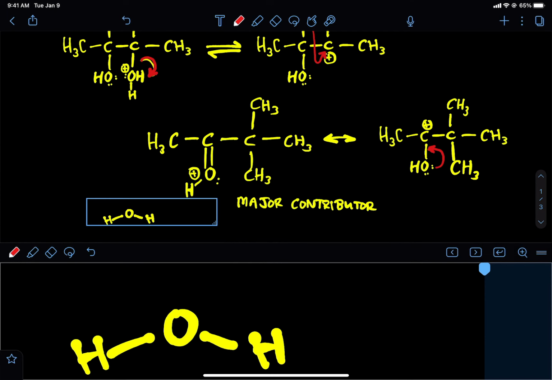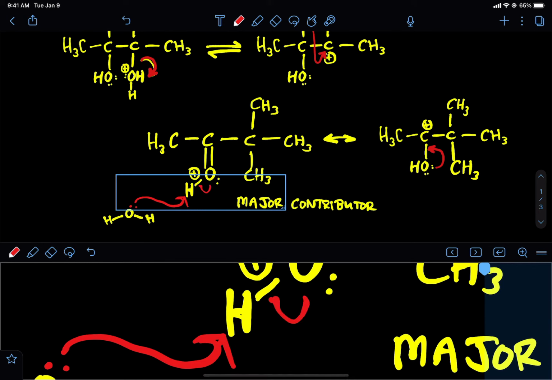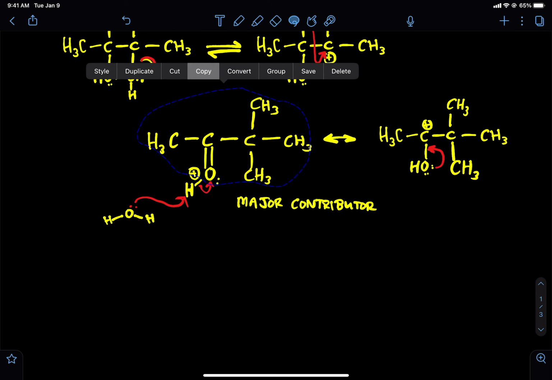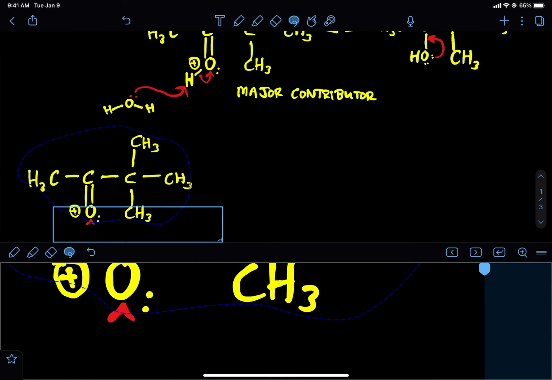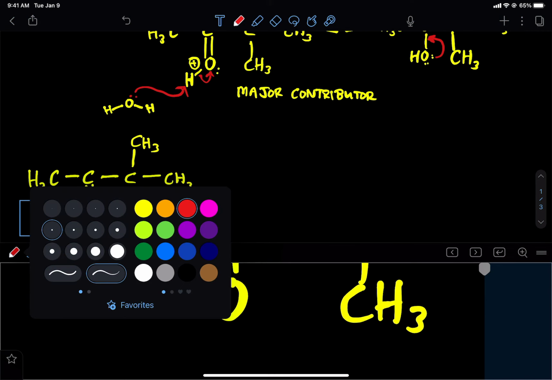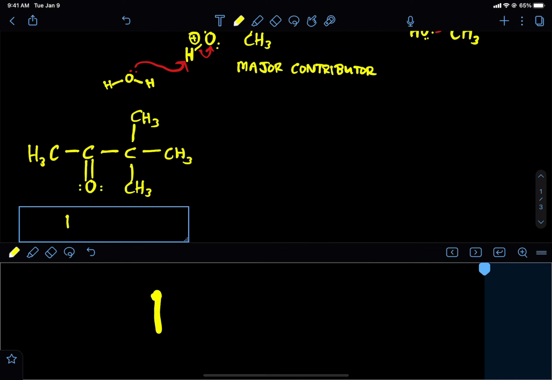We'll take water. It's going to use one of its lone pairs to remove that H, return the electrons to O, so it removes it as an H+, returns the electrons to the O. And ultimately, our product is what's called pinacolone, the ketone product of the pinacol rearrangement.